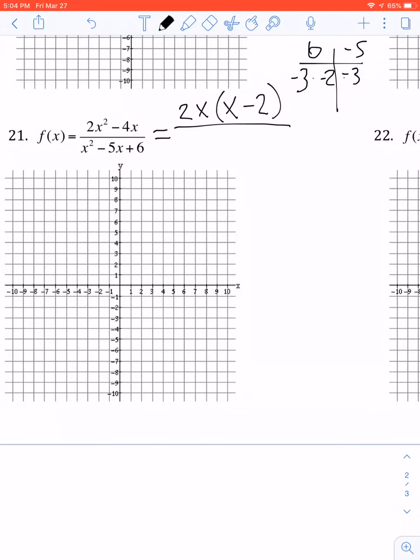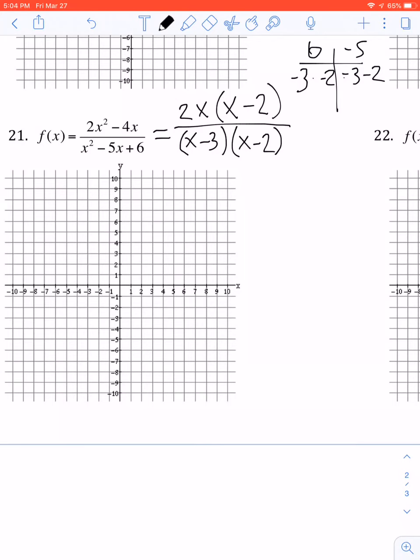Negative 3 minus 2 is negative 5. So our answer is going to be negative 3 and negative 2. I'm not going to show all the math after that, but you're going to end up with x minus 3, x minus 2. You can do the math to get the bottom to equal x minus 3, x minus 2.